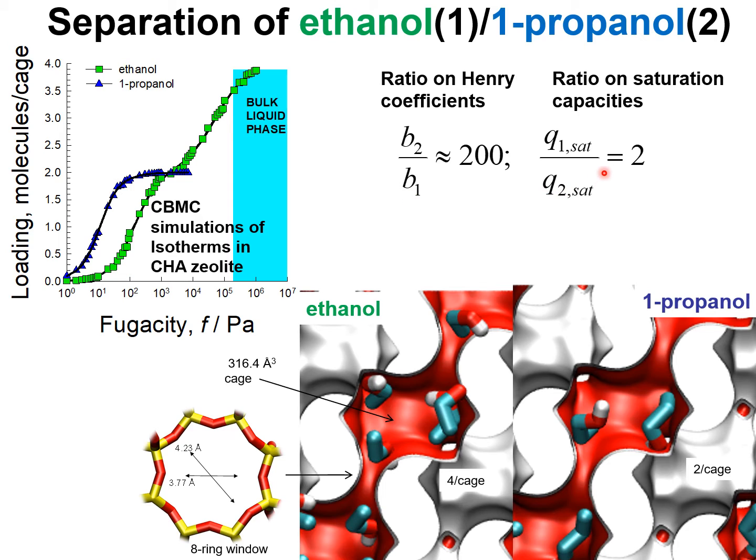However, the saturation capacity of ethanol is a factor 2 higher than the saturation capacity of 1-propanol. With ethanol, you can locate 4 ethanol molecules in 1 kg. With 1-propanol, only 2 molecules per kg can be accommodated.